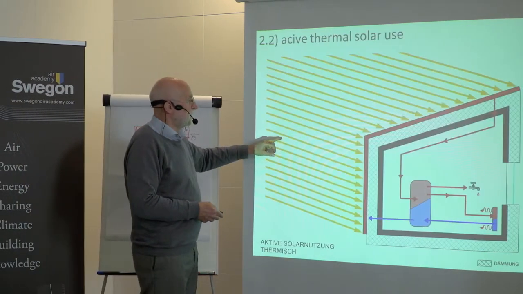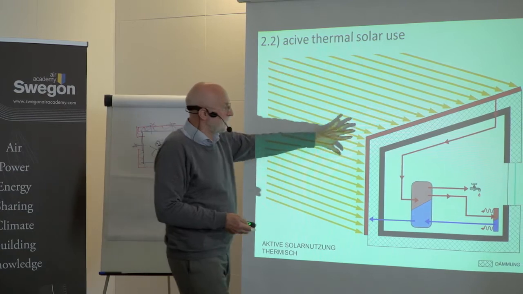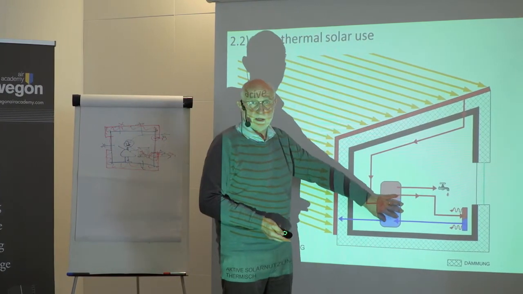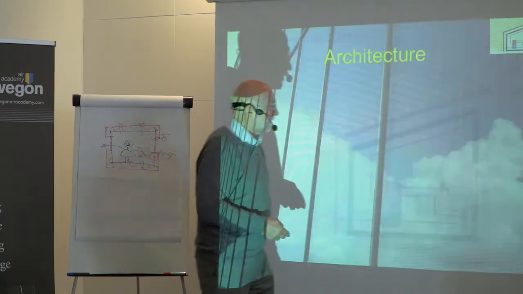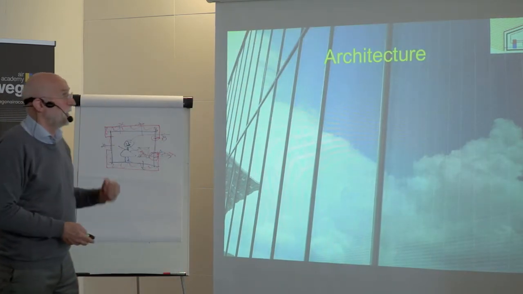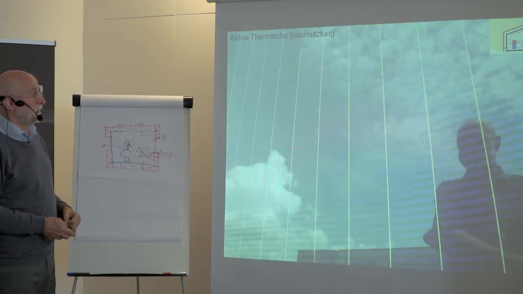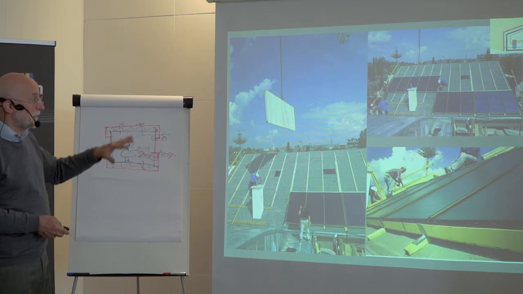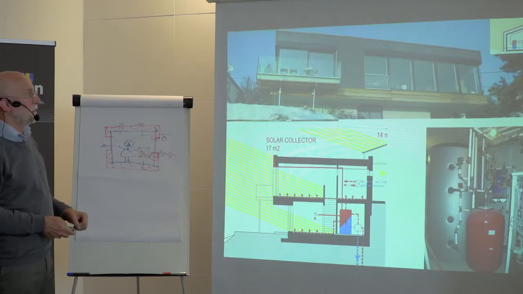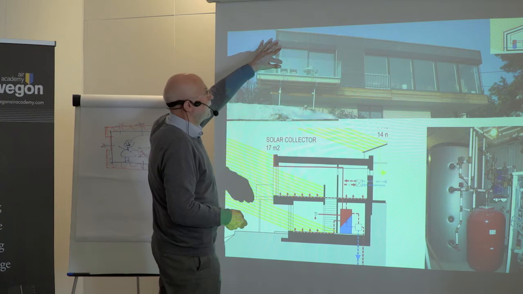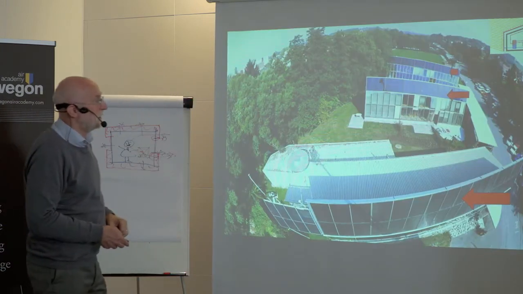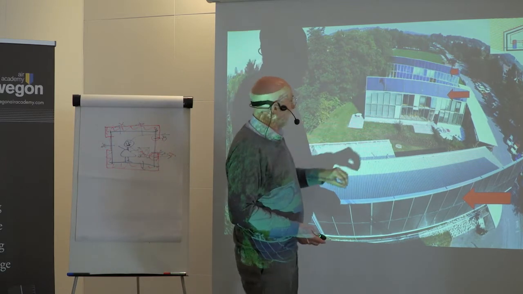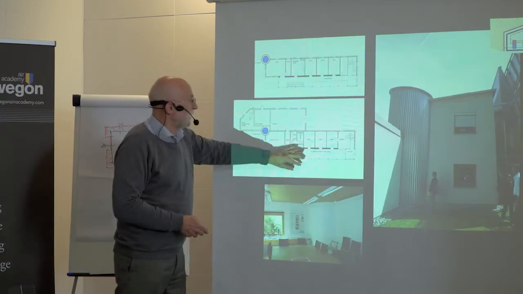Active solar use. This house, it has also a system which goes to a storage tank, and then it has to be managed to deliver it. I think it's a very nice architecture. It's mounting it instead of roof tiles or in the facade, optimized for the winter, or in this, it's an office and houses, and they have together a big storage tank here.